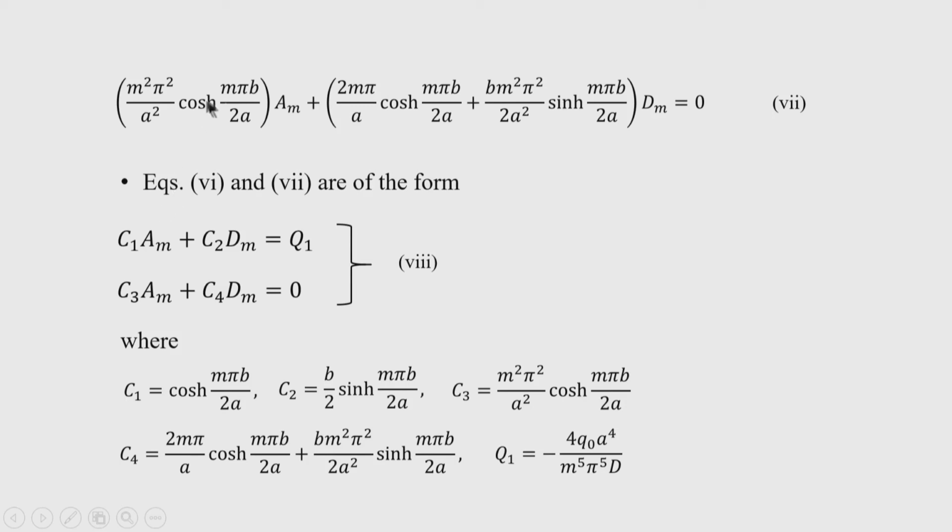So, these two equations are of the form C1 a_m plus C2 d_m equal to Q1, this is one equation, and another equation is C3 a_m plus C4 d_m equal to 0. Because of the loading, we get this non-zero term Q1.